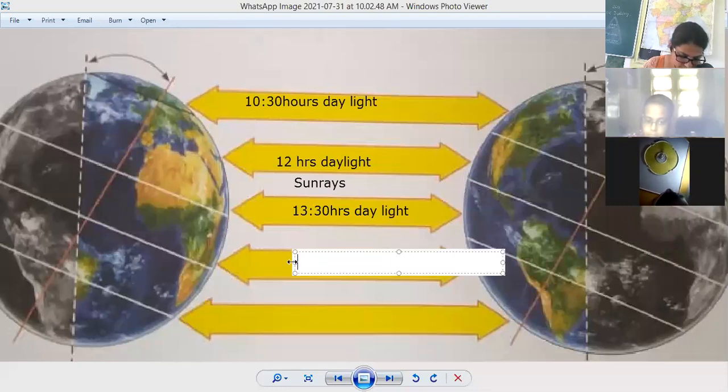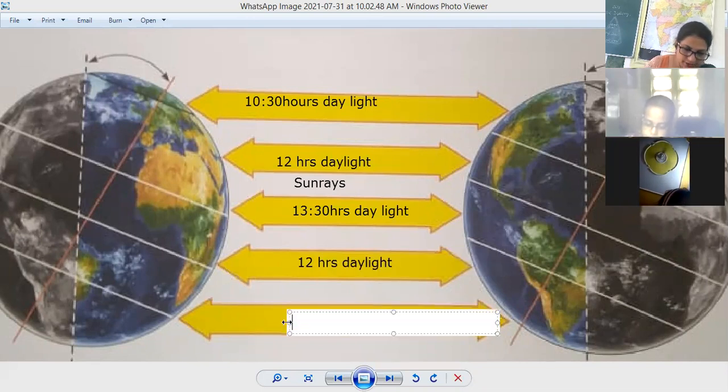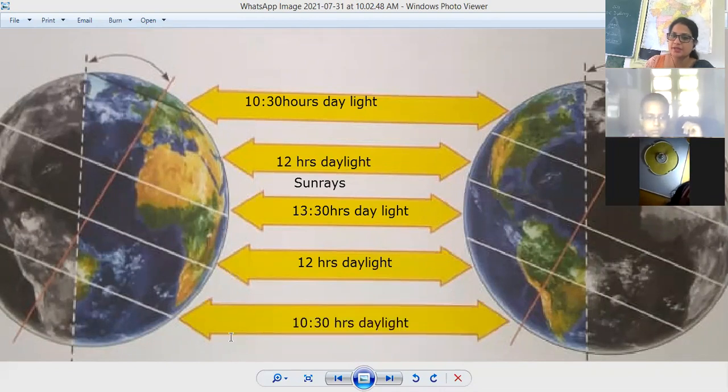Now at 12 hours daylight. Now 10 and a half hours daylight. I hope it is understood by all and mentioned by all.